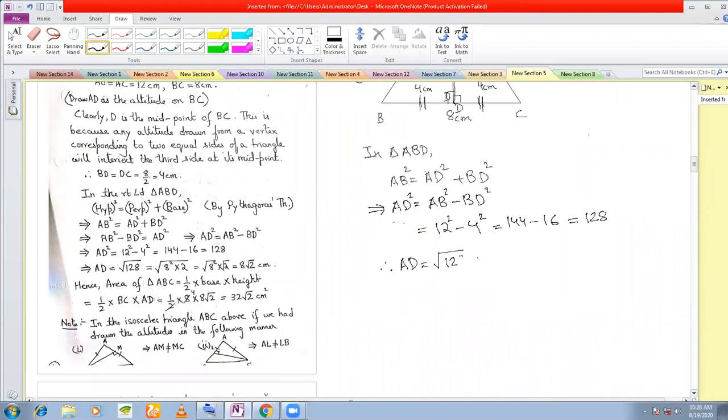Therefore AD is root 128. You can convert this to simplest form by prime factorization. 128 is 2 to the power of 7, not 5.